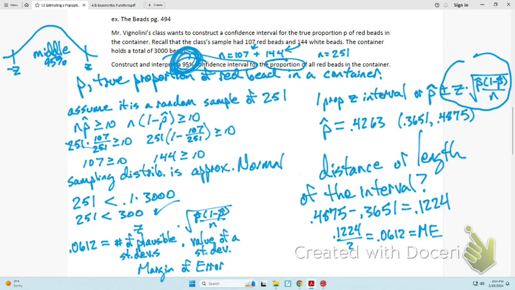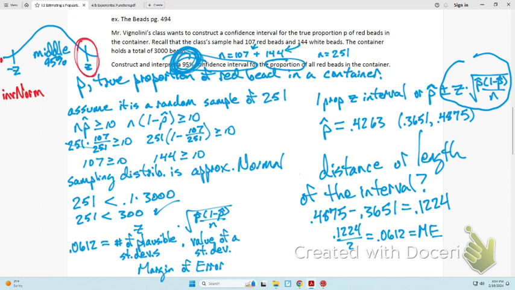If you do this by hand, you have to use the inverse normal function on your calculator, but it only does left area. If you type in an upper bound, left area, then it'll give you this Z-score.